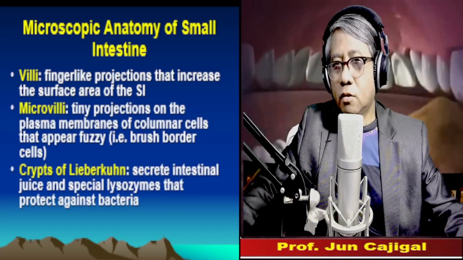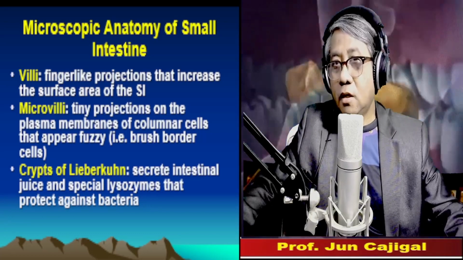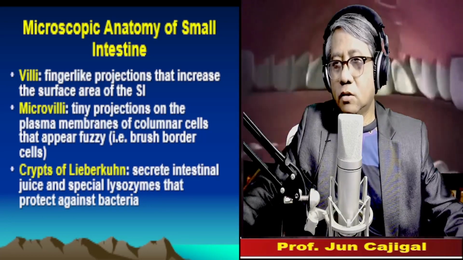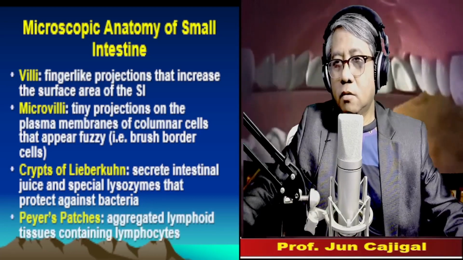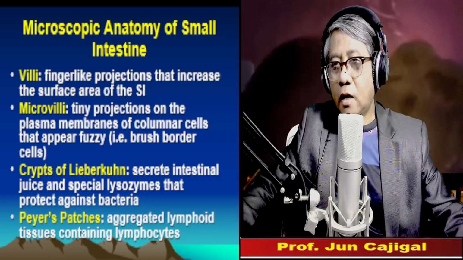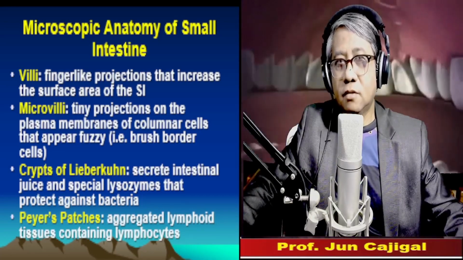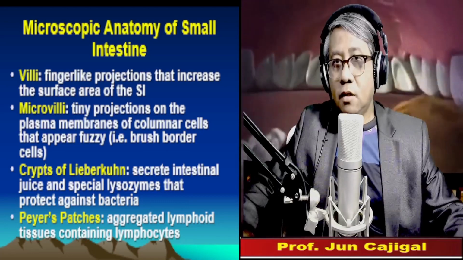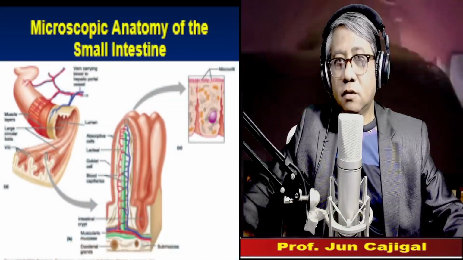Then we have the crypts of Lieberkühn that secrete intestinal juices and special lysozymes that protect against bacteria. And lastly, we have the Peyer's patches that are aggregated lymphoid tissues containing lymphocytes. So that is the microscopic anatomy of the small intestine.